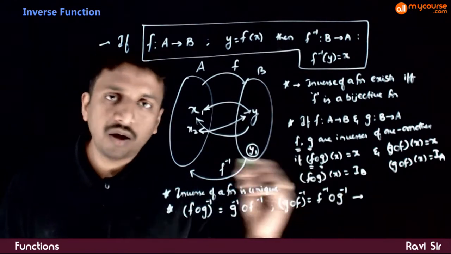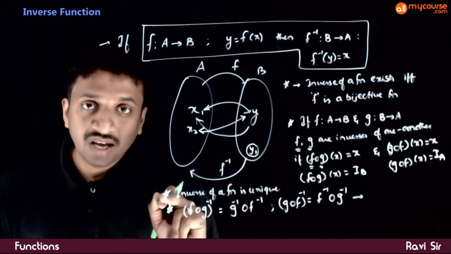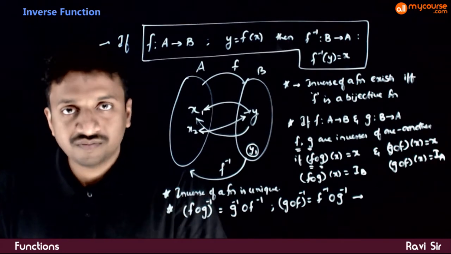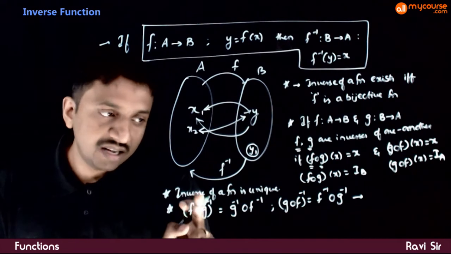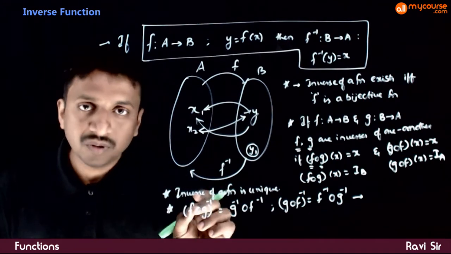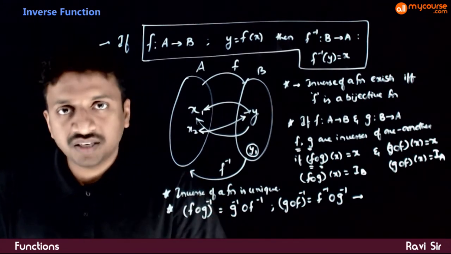That is, reversal law works with respect to inverse of a composite function. So inverse of a function is unique, and reversal law works with respect to the inverse of the composite functions.